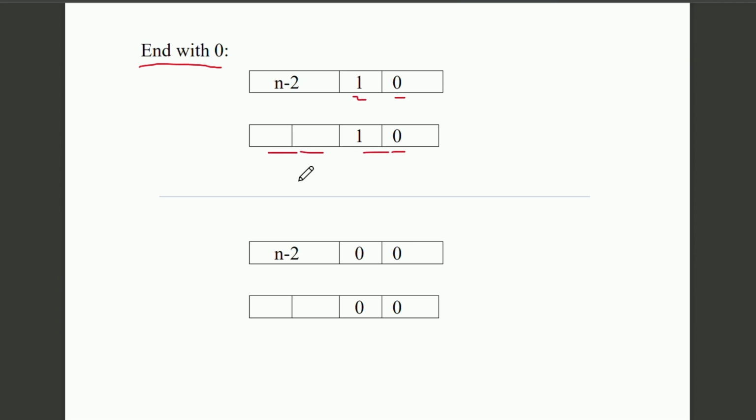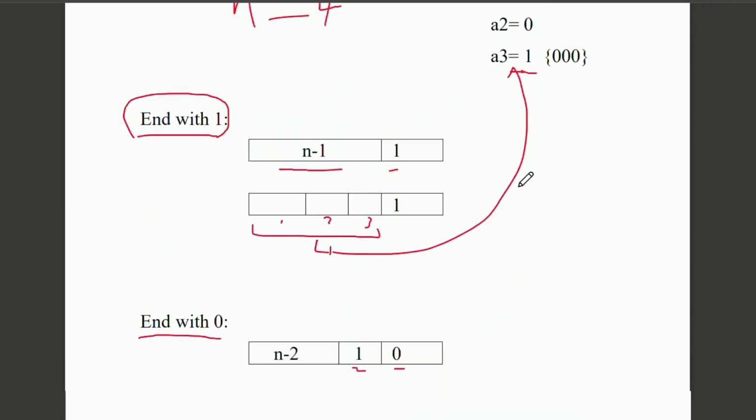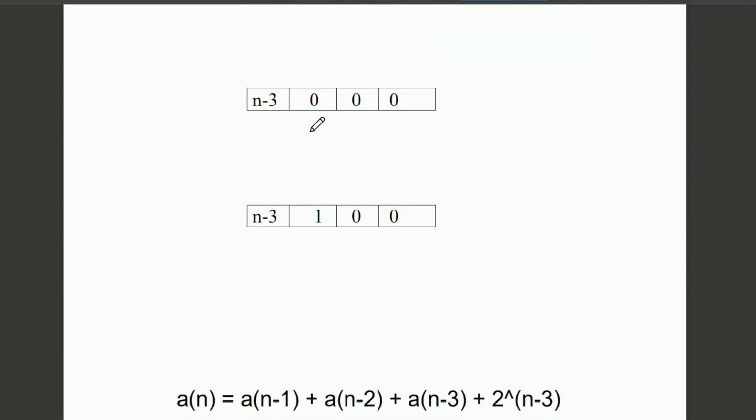And getting 3 consecutive zeros in 2 bits is impossible, right? So this means A2 is 0, same as our initial conditions. Another condition is the last bit is 0 and the second last bit is also 0. This gives us other possibilities, which are 0, 0, 0 or 1, 0, 0.